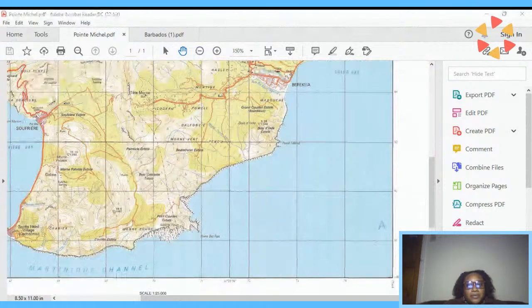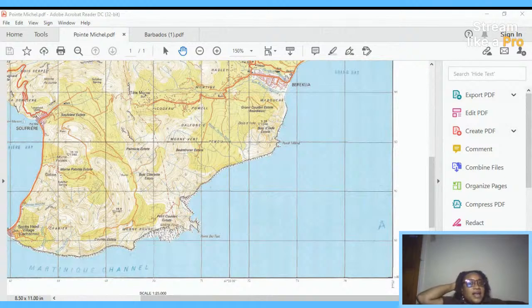So on the map, right, the other question is describe three ways in which relief has influenced the drainage of the area indicated on the map.